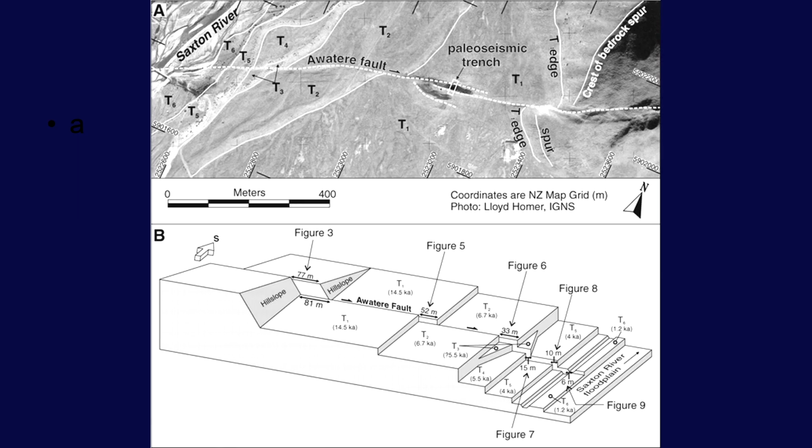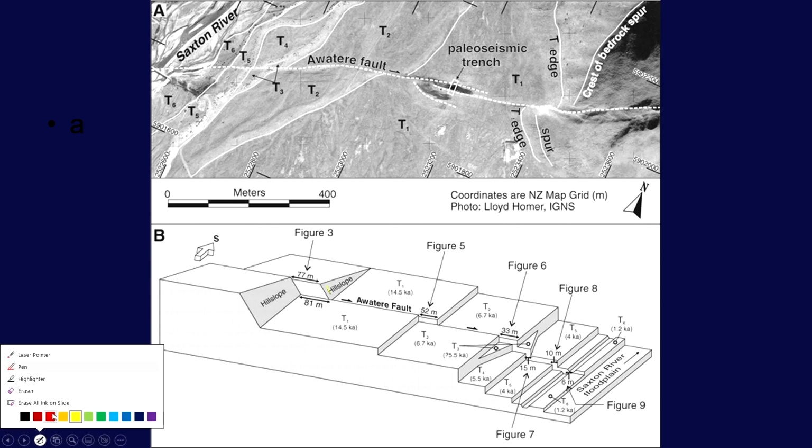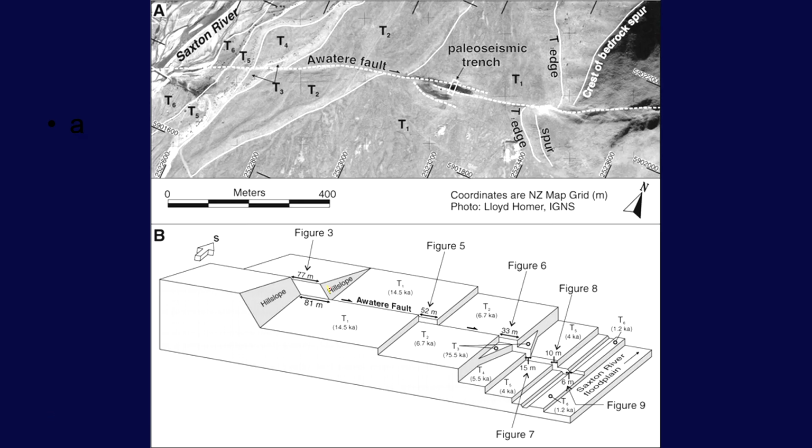Okay. And that has resulted in terraces, but at the same time you also see the fault scarps. Okay. So, these are the hill slopes which are, we can say, the erosional scarps. Okay. These are erosional scarps here.